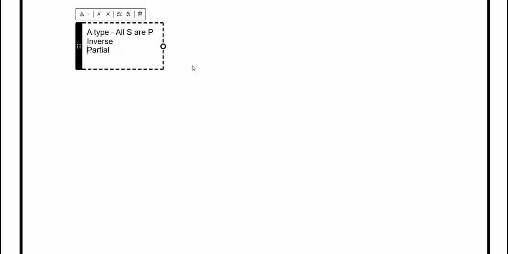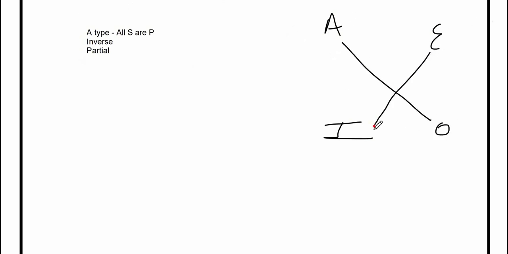For partial, let me draw the diagram for you: A, E, I, O. Subject and predicate are not interchanged. First you cross it out like this.